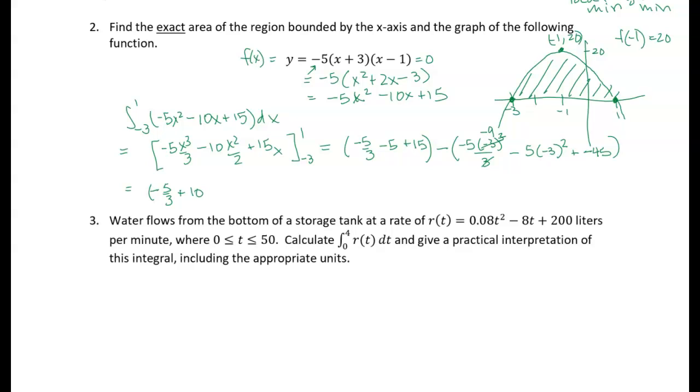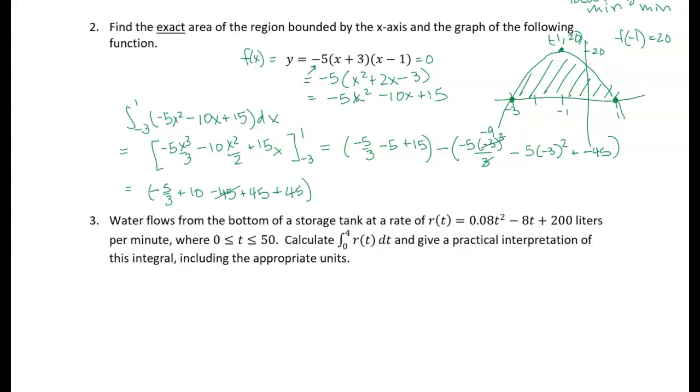And so, let's see, we have minus, a minus, a minus, so we have minus 45, okay? And then we got this term, when we square the negative 3 here, we get a positive 9, though. So this becomes a negative 45, but then we're subtracting it, so this becomes plus 45, right? And then here we have minus a minus 45, so that becomes plus 45.